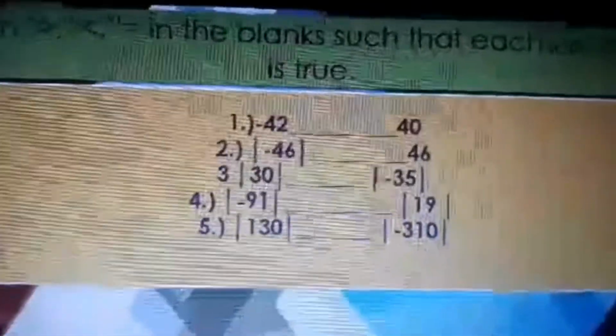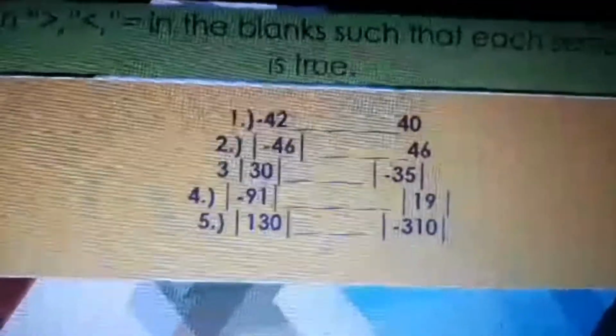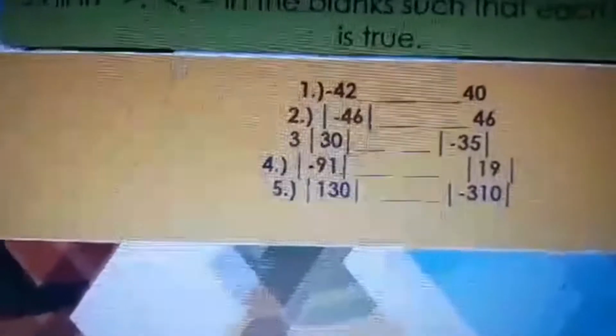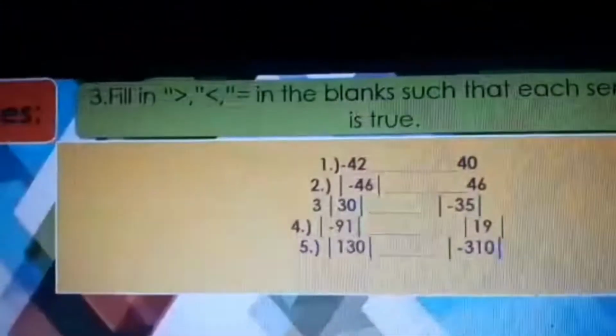Number 3, the absolute value of 30 blank the absolute value of negative 35. Number 4, the absolute value of negative 91 blank the absolute value of 19. Number 5, the absolute value of 130 blank the absolute value of negative 310.